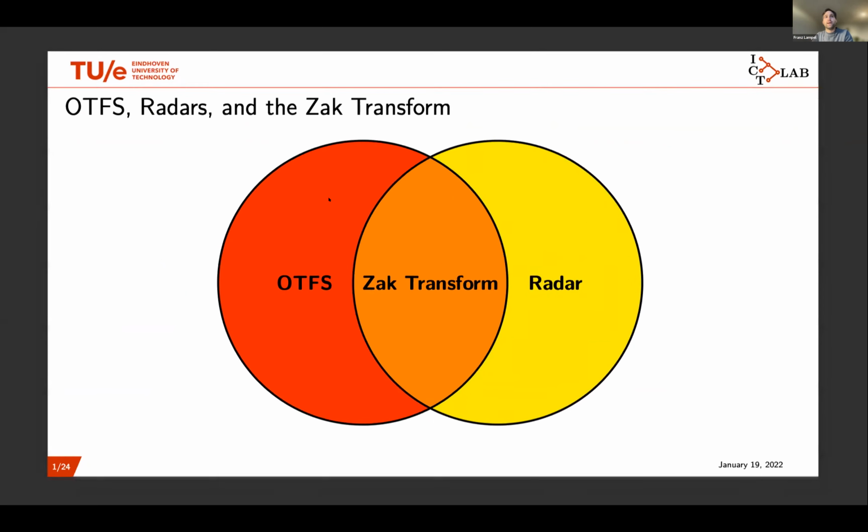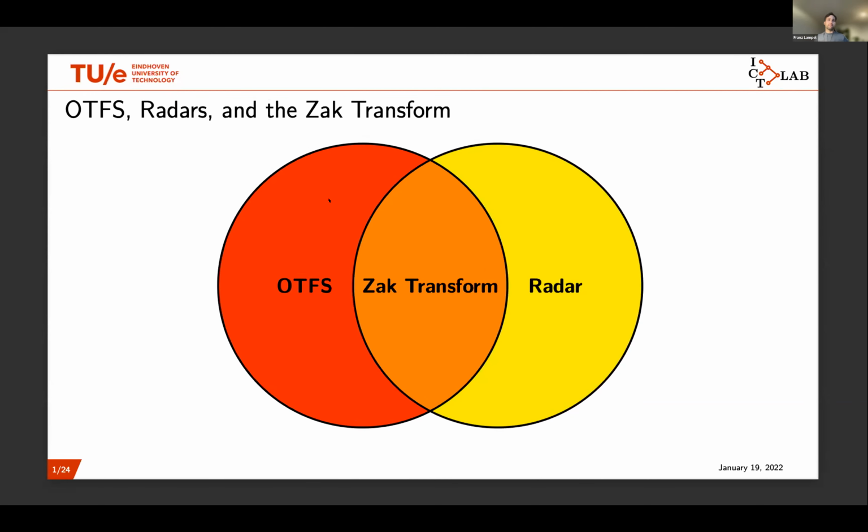So you can see that OTFS and radar, like a communication waveform and the radar waveform, do not have to be something different. And I'm not going to talk very much in detail about OTFS. I will mostly focus on different aspects, or like how this connects, and I will jump between those three concepts during this talk, and in the end I will boil them down, and you can see that this nicely connects using this Zak transform.